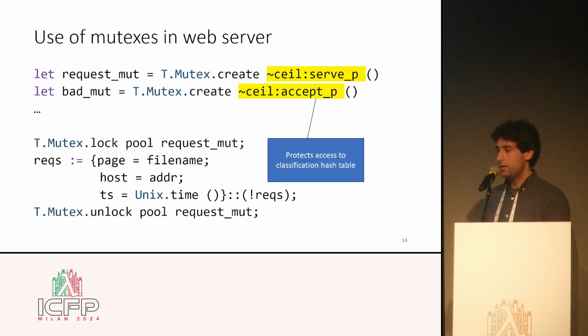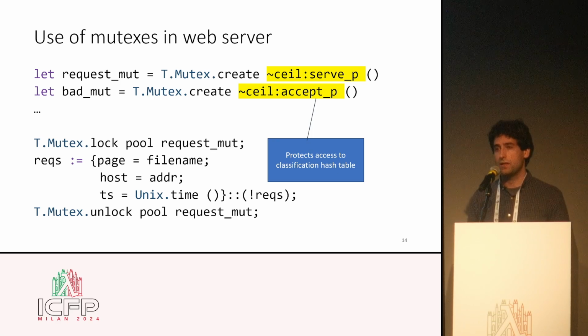On the other hand, the bad mutex, which protects this bad hosts hash table, is not touched by the threads that serve connections. It's only touched by the thread that accepts new connections, which is at this medium priority, and by the low priority background threads. So we can specify a more conservative priority ceiling for this.